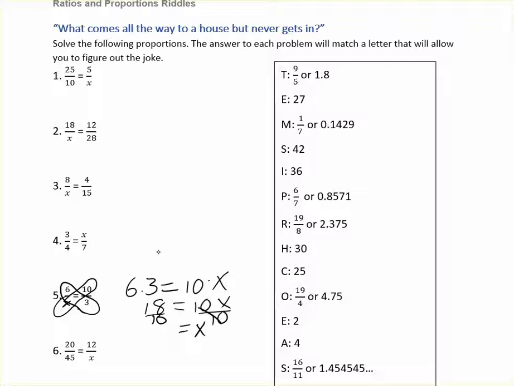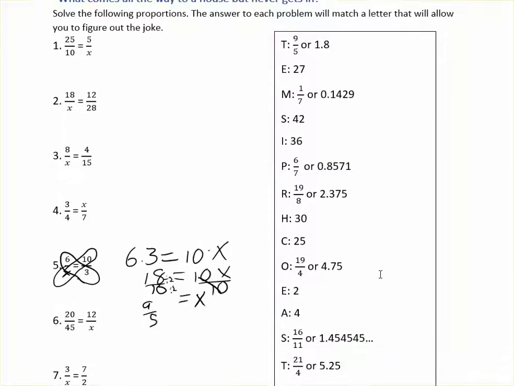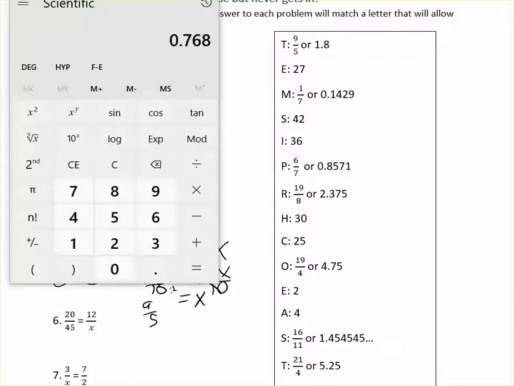Now we could simplify that ratio and write it in simplest form. Let's see, I could divide them both by 2. And I would get 9/5. So you might be able to find 9/5 over here. Or you can take 18 divided by 10 on a calculator.